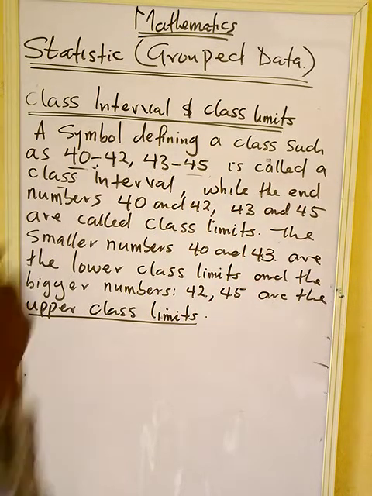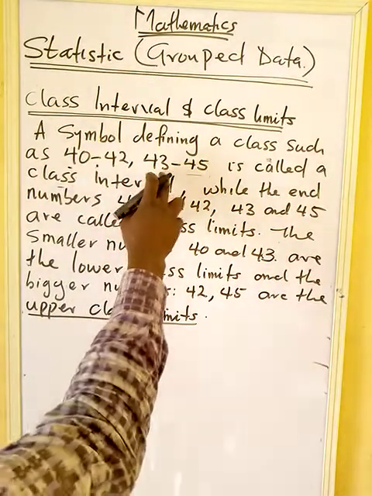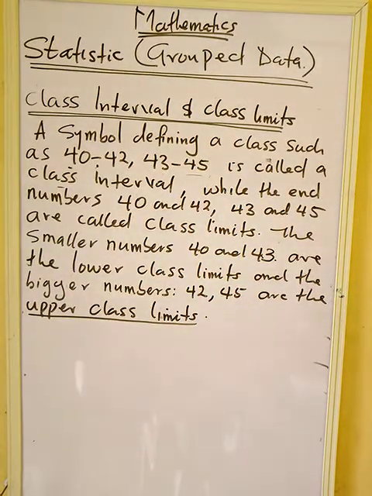So the smaller numbers 40 and 43 we call lower class limits, while 42 and 45 we call upper class limits. So let's move to class boundary.